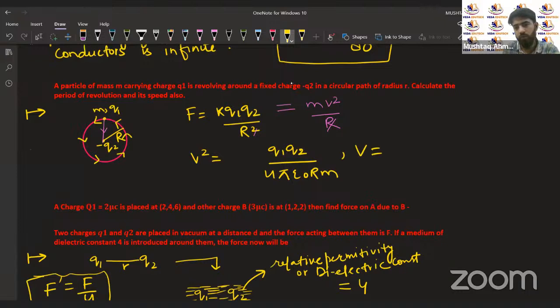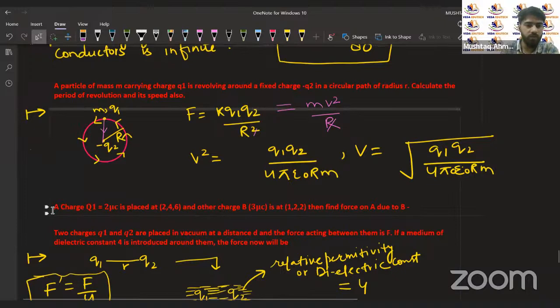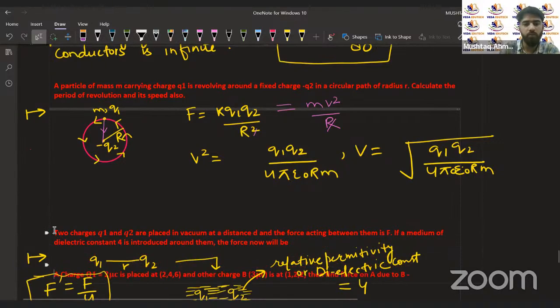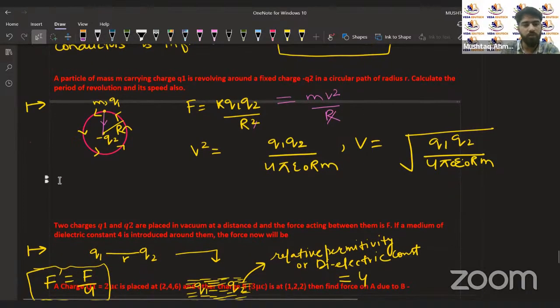So we'll be taking root of this, and we'll be left with Q1 Q2 upon 4 pi epsilon naught R multiplied by the mass of this particle. So this is the speed with which this particle must be moving around the charge Q2.